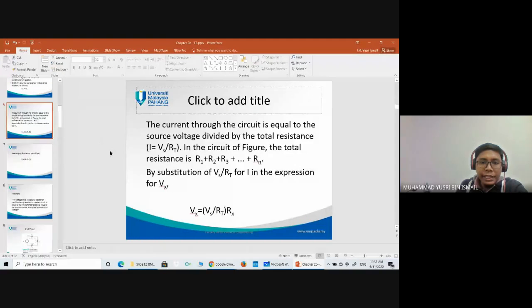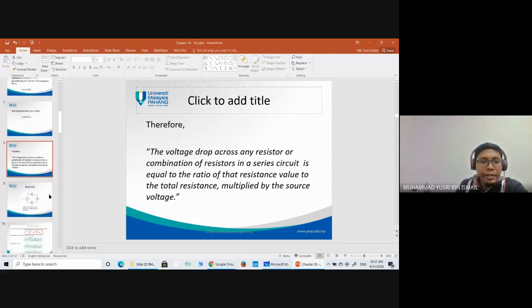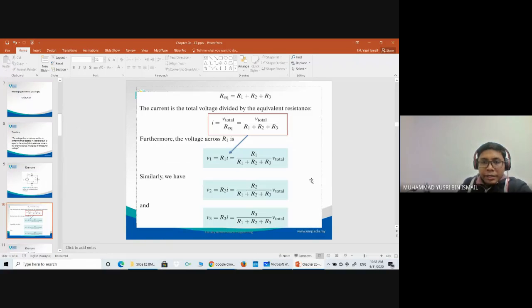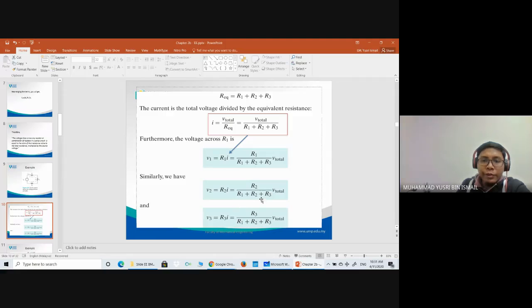So this is basically what I already explained to you. Let's say you need to determine the voltage at resistor 2. So the formula will be R2 over total resistance times V total.